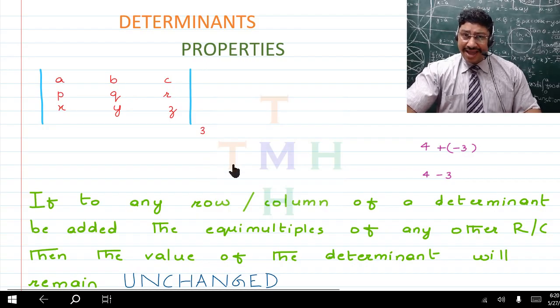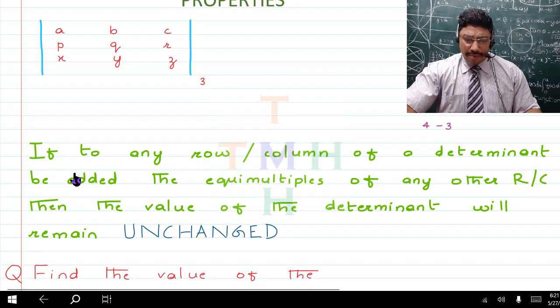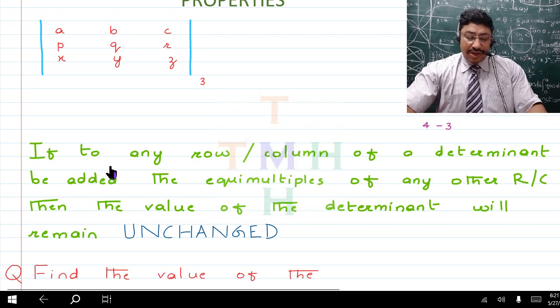Now, in order to find out the value of this determinant, you are required to expand. But before expanding, if you can apply some property and simplify, then obviously you always try and do that. So here children, we have a property that is going to help us a lot, as you just saw. So if to any row or any column of a determinant, in accordance with some property, like you saw here, we add the equimultiples of some other row or column, right?